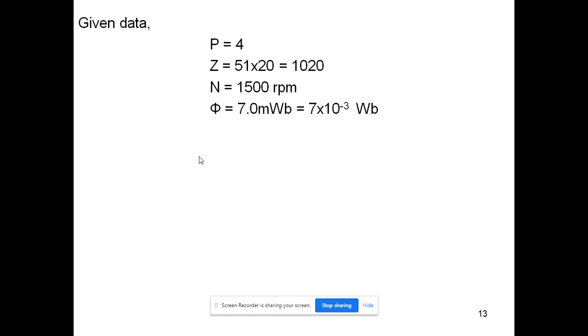So the flux phi is given as 7 into 10 to the power of minus 3 webers. And I already said that this is a wave wound generator, so the number of parallel paths will be equal to 2.